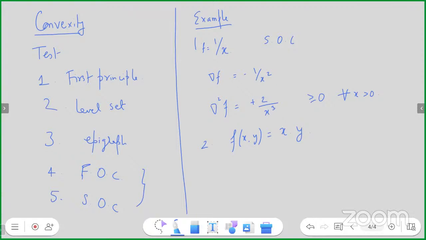Use any test. You don't necessarily have to use any one in particular. Which one do you think will be easiest here?